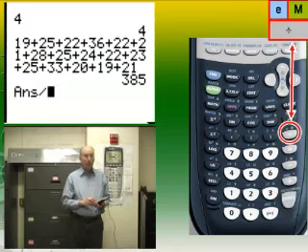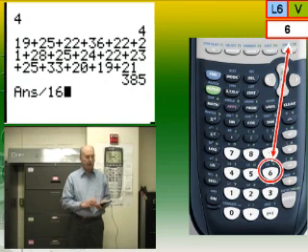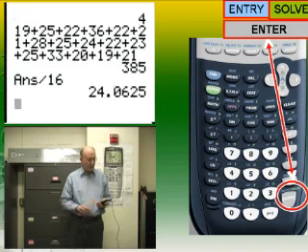We then hit the divide by key, and you can see the word Ans pops up, bringing the answer from the previous calculation down to this line, and we divide it by 16, the number of students in the class, and we get the average age of 24.0625 years old.